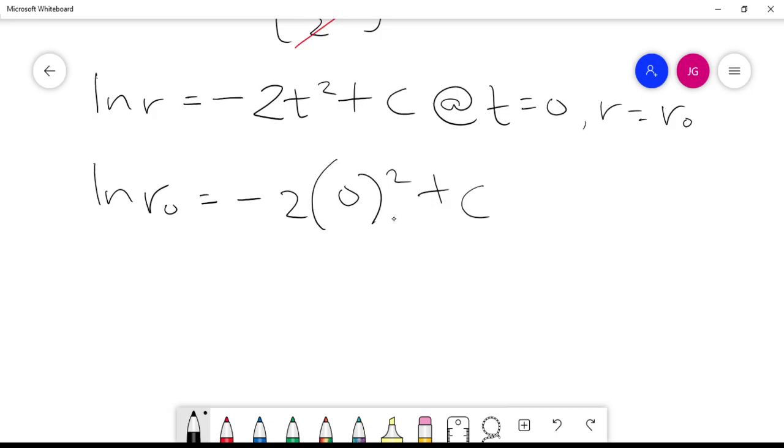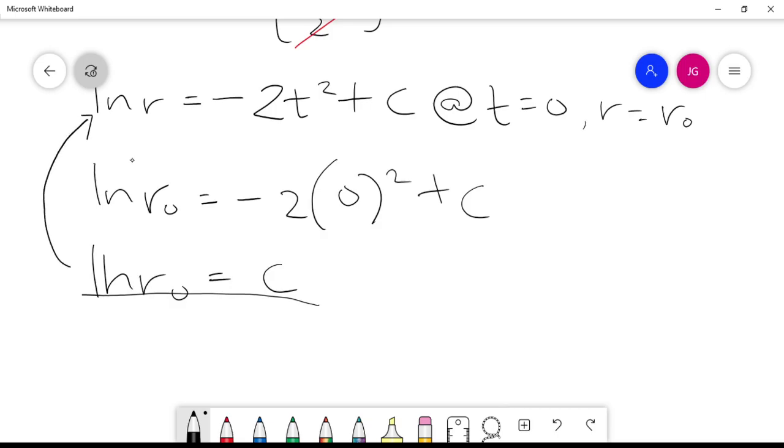So we know that this will become 0. Tapos ang ln r0 is equals to the constant. So in terms ani, mao na to ang constant. So si constant na to, ato ang i-substitute balik sa ato ang equation.